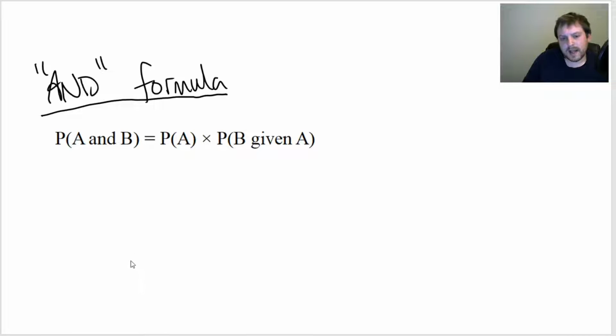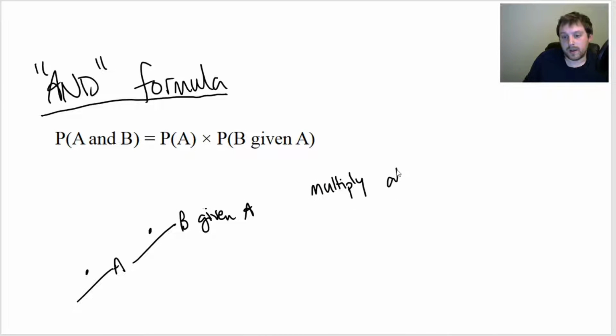All it's really telling you to do is you want A, you want B given A. It's just telling you to multiply along the branches of a probability tree. That's all it's actually telling you to do. The AND formula tells you to multiply along the branches. The OR formula tells you to add up at the end. That's the basics of it.